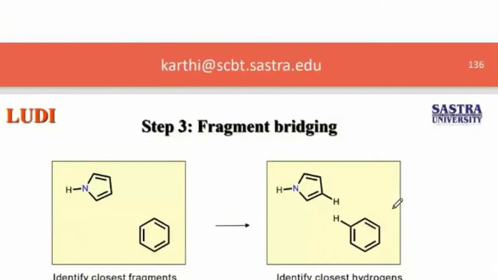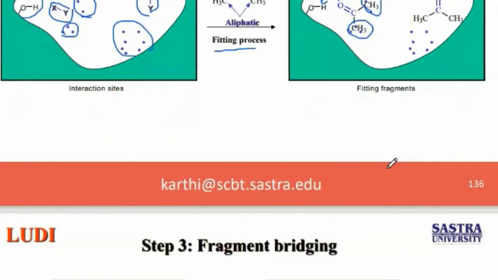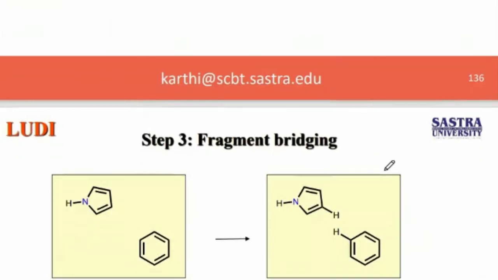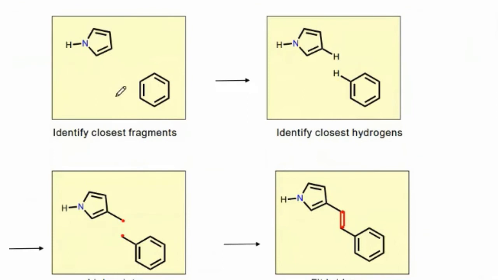So once you fit the fragments, once you complement all the identified binding regions with different types of molecular fragments from the fragment library, the next step is that we have to make the connection between the fragments. So how to make the connection? The LUDI algorithm follows identifying the closest fragment.